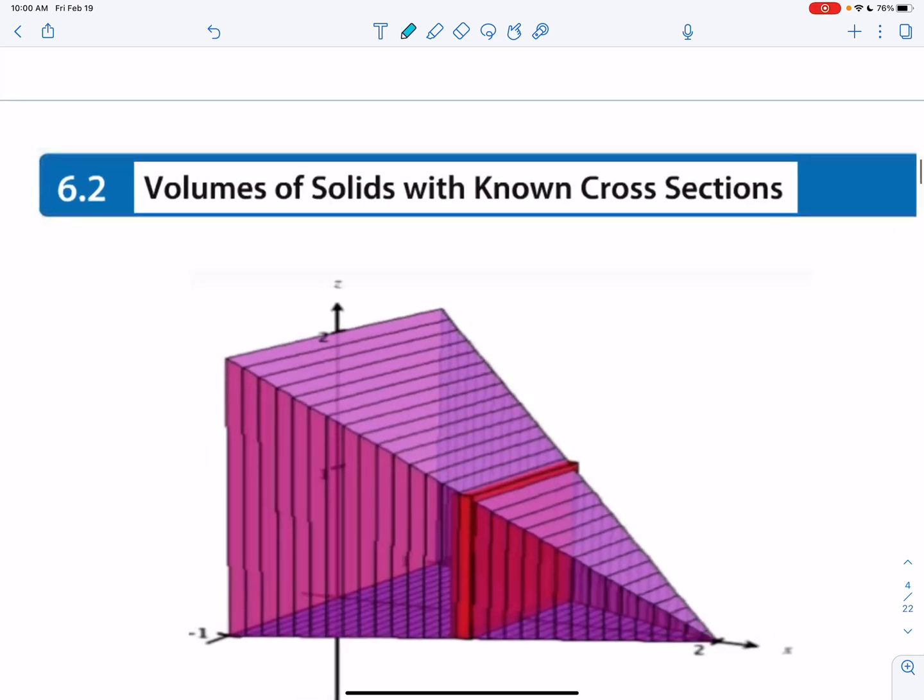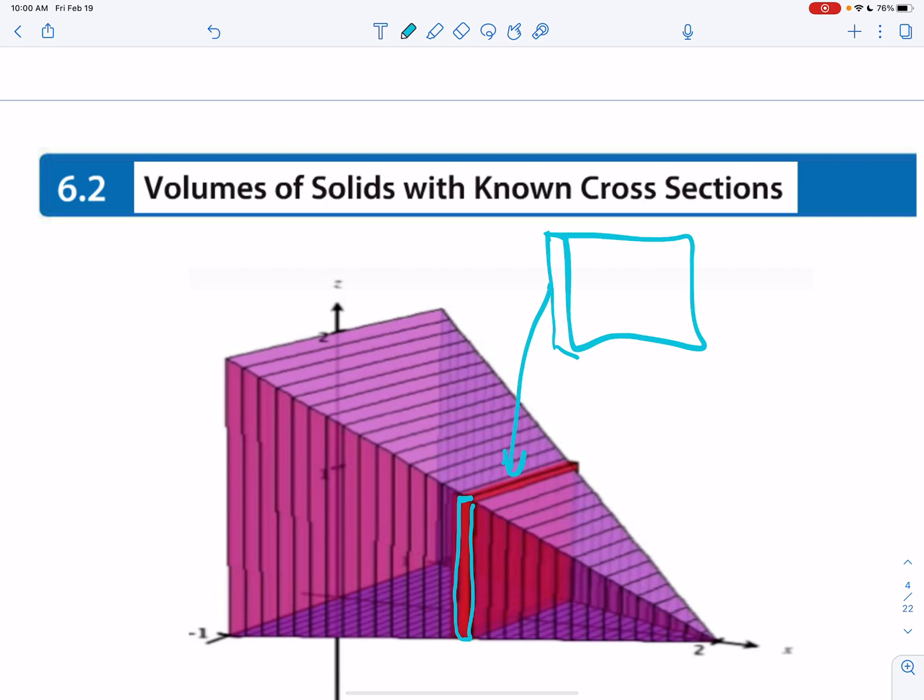So I want you to think about that. Let's say we were to focus on just one of these squares, right? Now, it's still three-dimensional because it has a little bit of a width to it. So it actually is a prism, something like that, right? A slice of a bread. So it's still three-dimensional, okay?